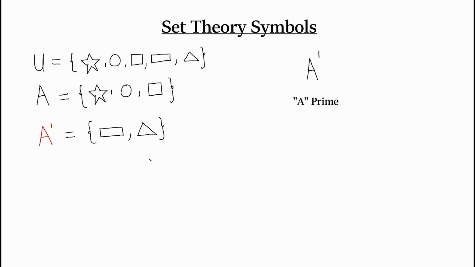Now we have set A, which contains a star, a circle, and a square. With that being said, A prime equals the set that contains the element rectangle and triangle, because the triangle and rectangle are not in set A.